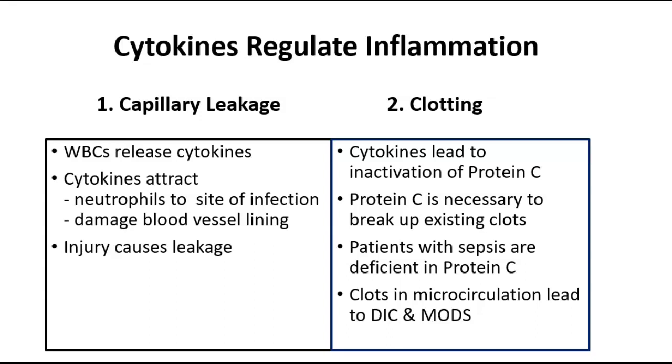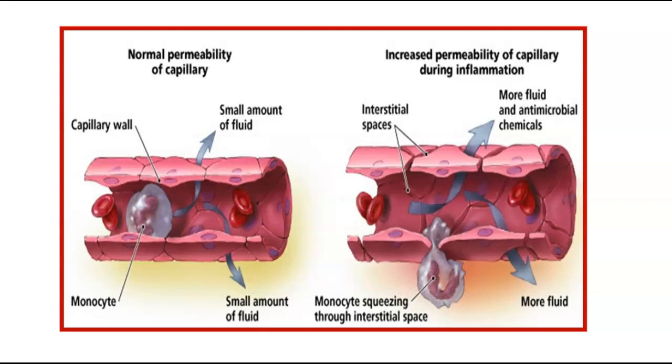There's a picture here I'd like you to see. This basically is a visual representation of what I just talked about, the capillary permeability. So anytime we're talking about cytokines, I want you to think about leaking and clotting. So capillary leakage and clotting.